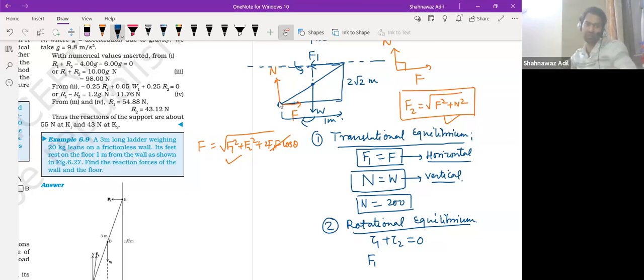Either it is N or 2 root 2. N is a force, right? So we have to calculate 2 root 2. Everyone, is this part clear?